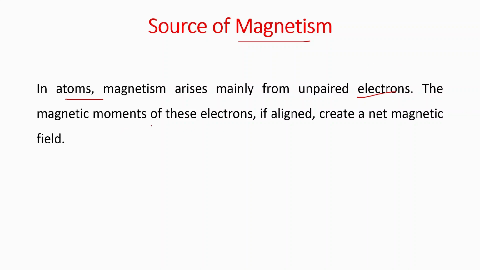Remember, the magnetic moments of the unpaired electrons, if they align along the direction of the external magnetic field, they create a net magnetic dipole moment or a net magnetic field. A magnetic moment is generally represented by an arrow, like this.